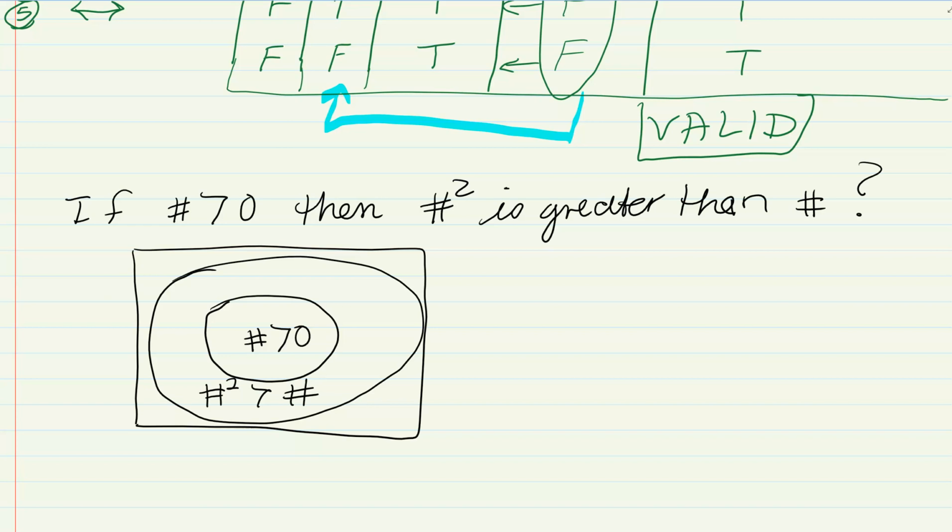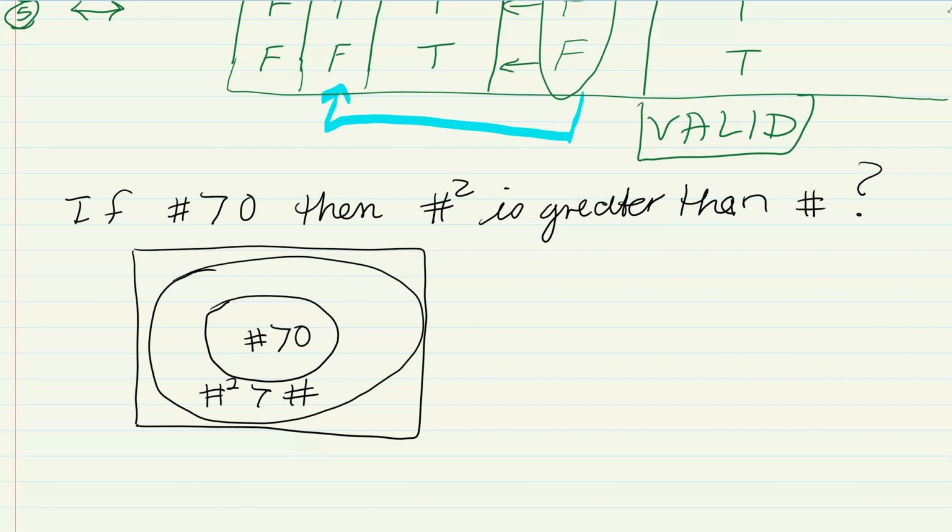Is that true? How do we disprove it? And this is why we have done that other lesson on quantifiers. How do you know when it is true and when it is false?